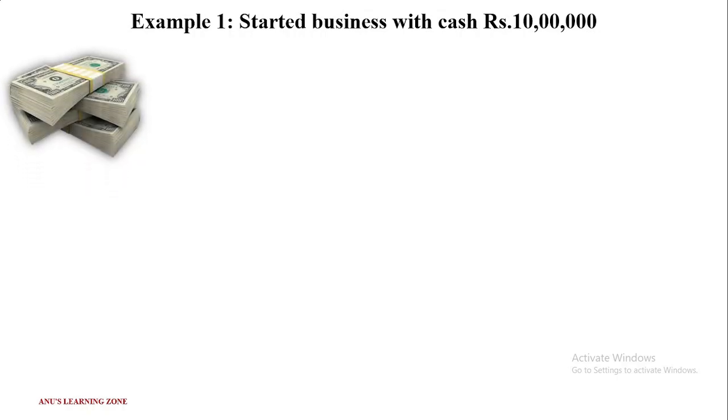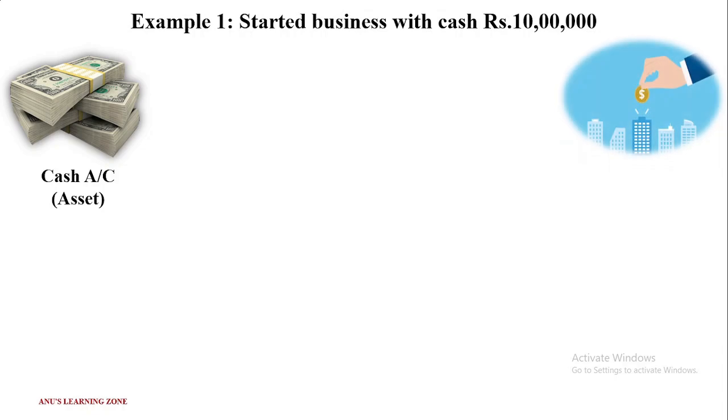Cash is basically a current asset, which means it falls under the category of asset. The second account that can be generated from this example is the capital account, which falls under the category capital according to the modern approach.